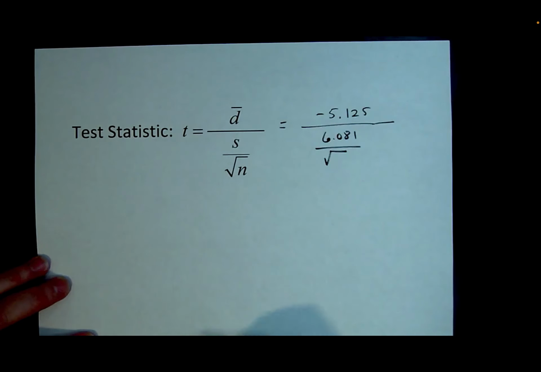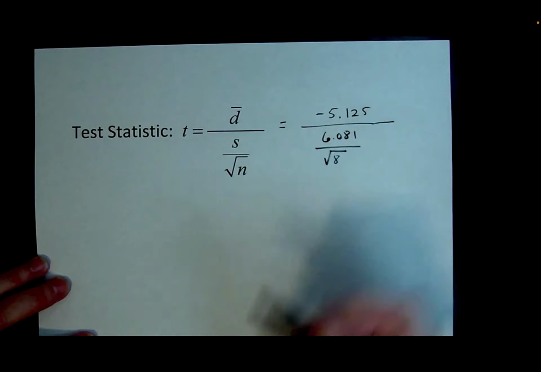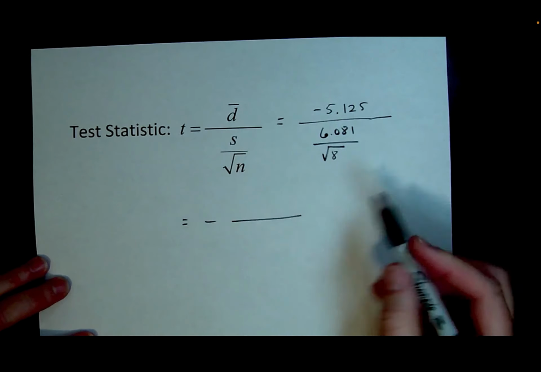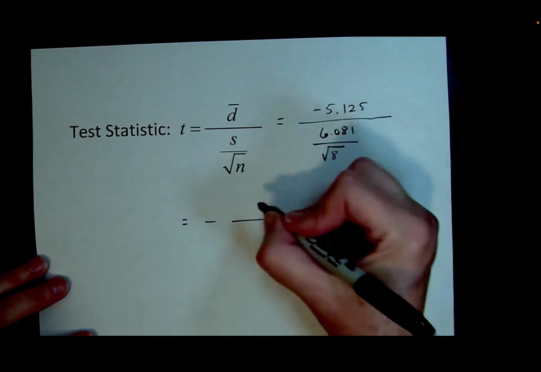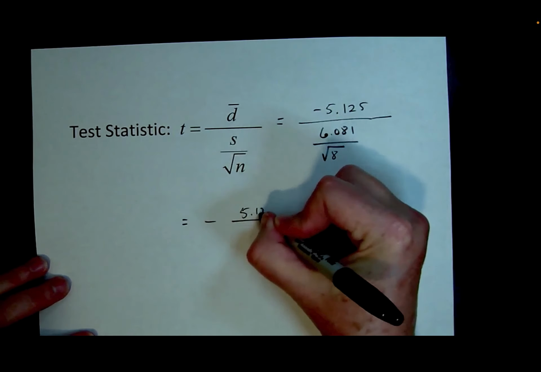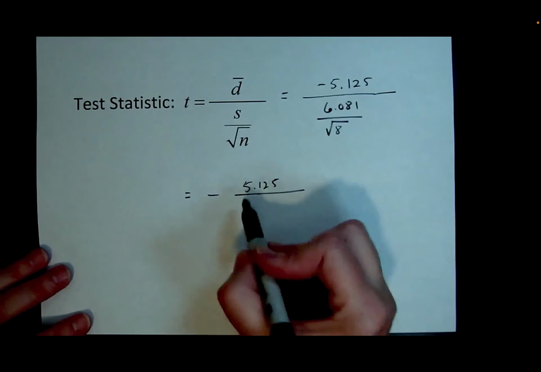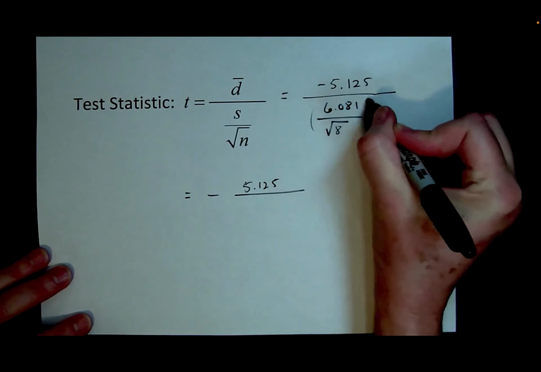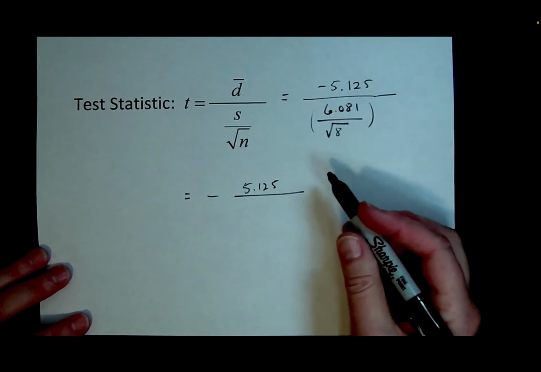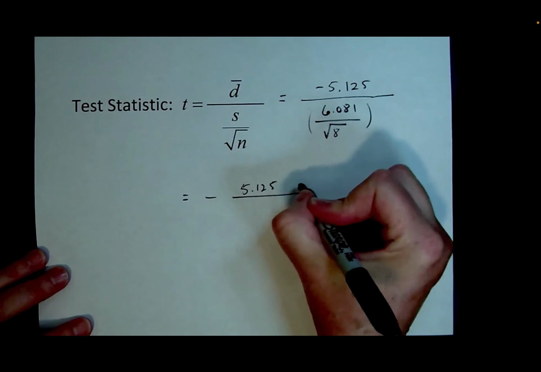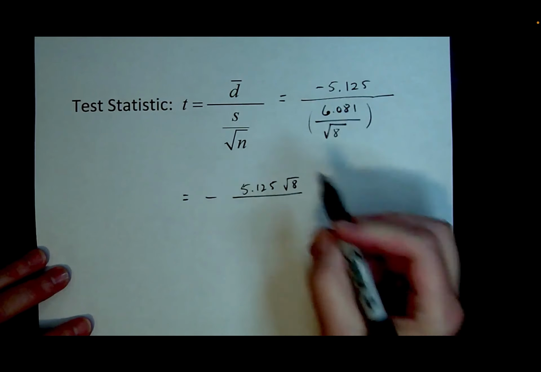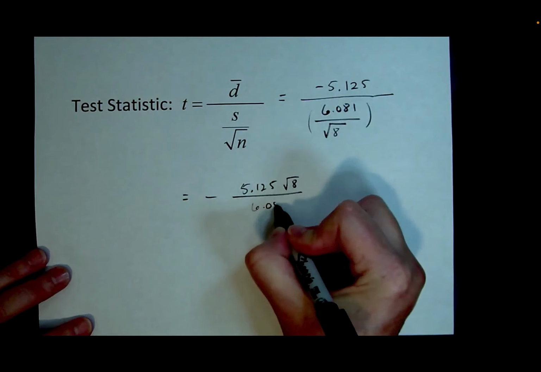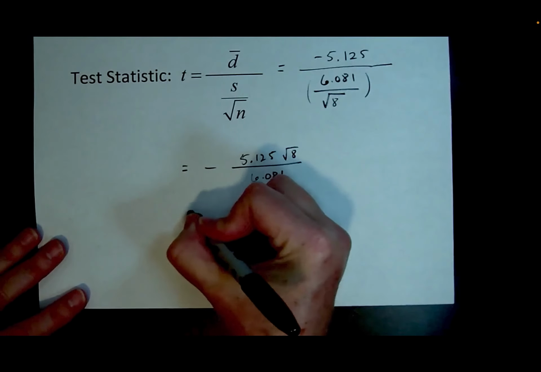Sample size N was 8. And what I'm going to enter into my calculator, and I'm not even going to bother with the minus sign, I'll just tack that onto my answer afterwards. Remember, when you divide by a fraction, it's the same thing as inverting and multiplying. So I'm going to do 5.125 times the square root of 8 over 6.081 and see what I get.